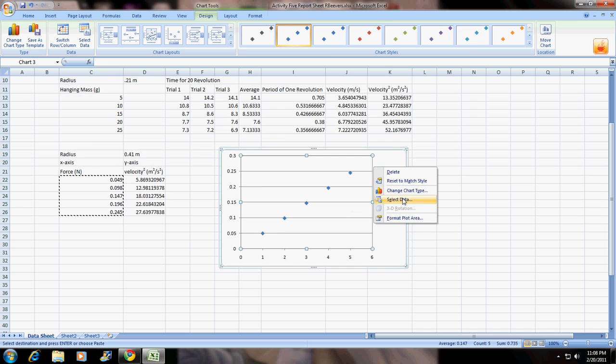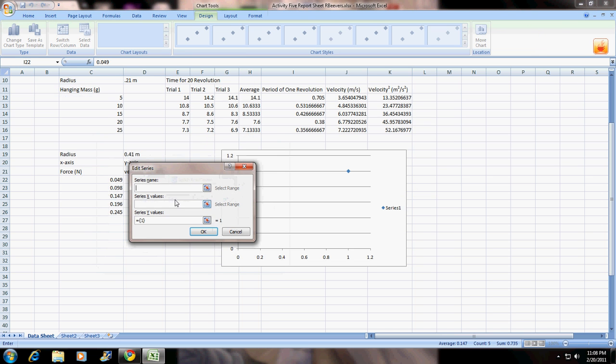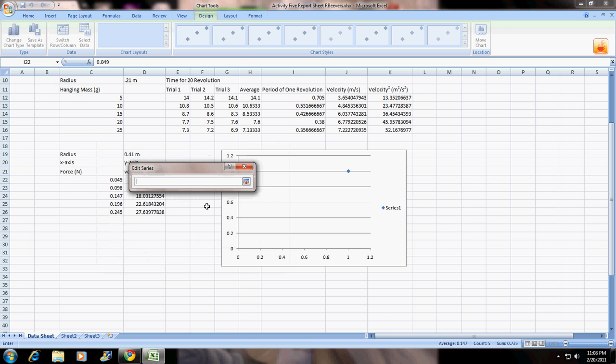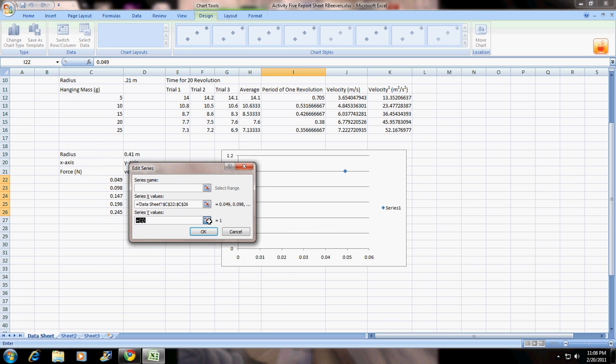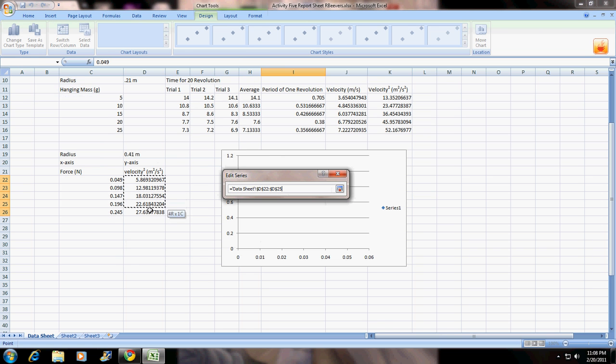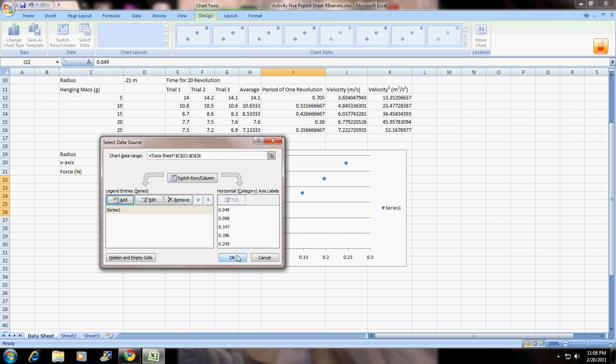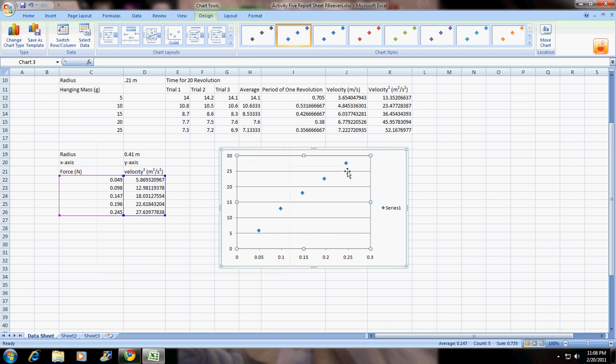I am going to select my data. So I'm going to remove this and add new data. And for the x, I am going to highlight the force values. For the y, I'm going to highlight the, move this over, velocity squared values. I'm going to hit enter and click OK. Click OK. And this should be my data.